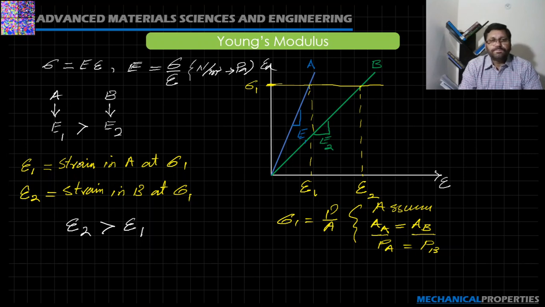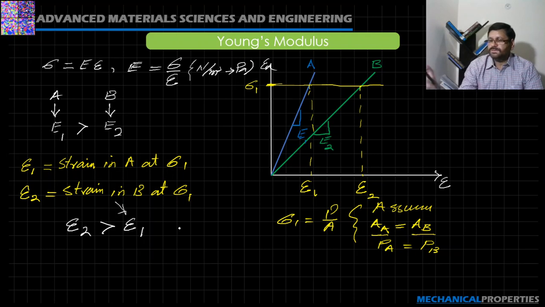So it means the material having higher modulus of elasticity would have the low value of strain, less deformation. It means the material which is having more modulus of elasticity poses more resistance to deformation, so it has more stiffness.